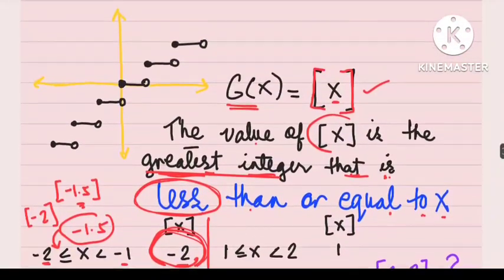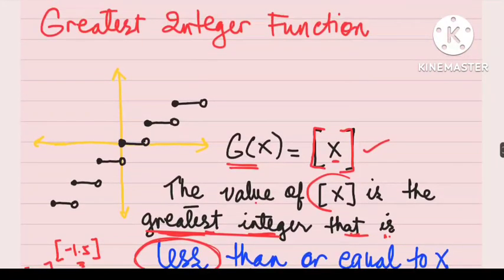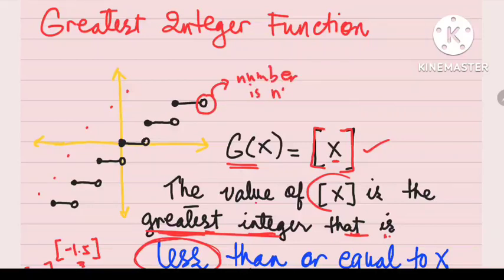And the graph of the greatest integer function is like this. It's like stairs. The hollow circle means the number is not included. The number that corresponds to it, say 3, is not included here.